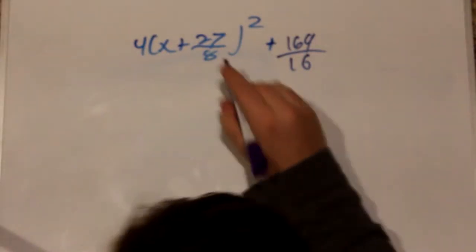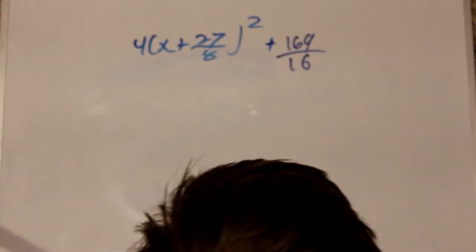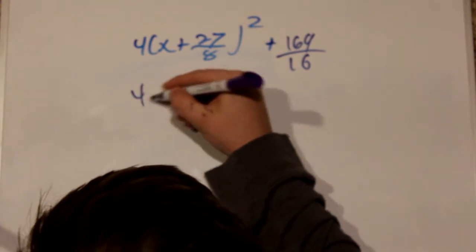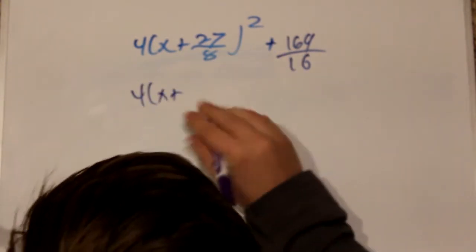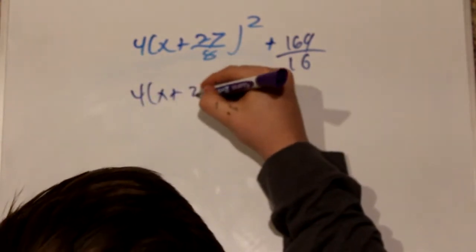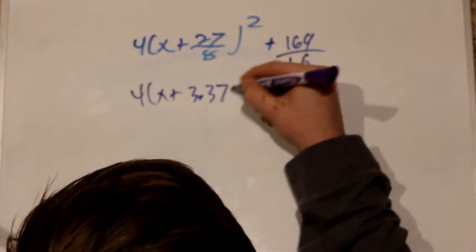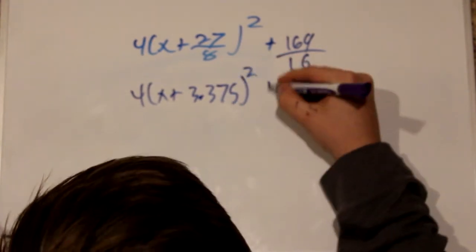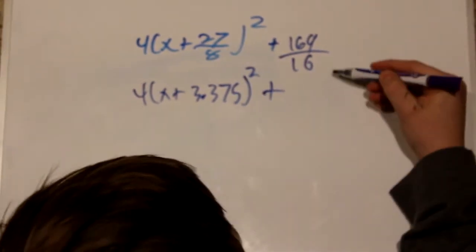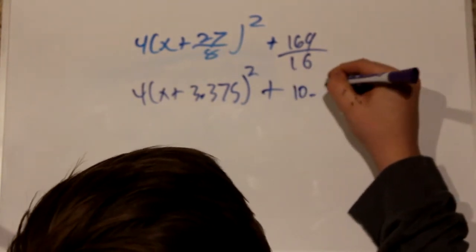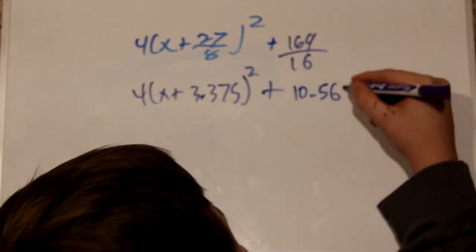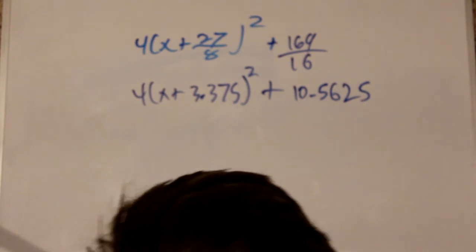Okay, so now we can convert these fractions into decimals. So 4x plus, and 27 divided by 8 is 3.375 squared, plus 169 divided by 16 is 10.565.